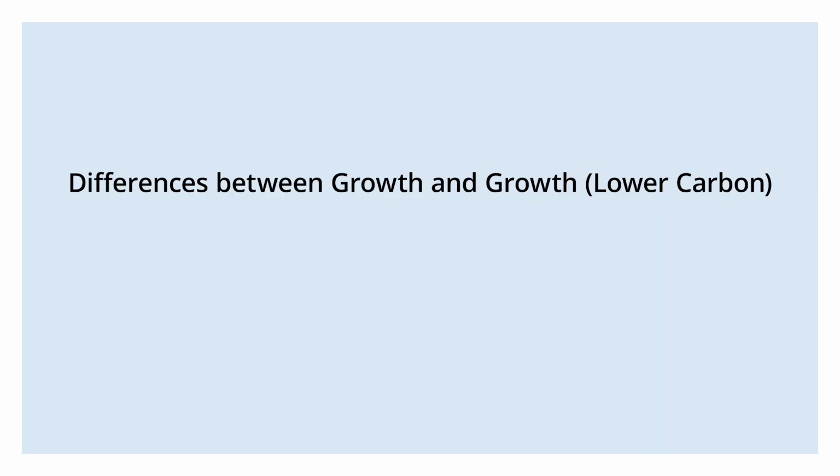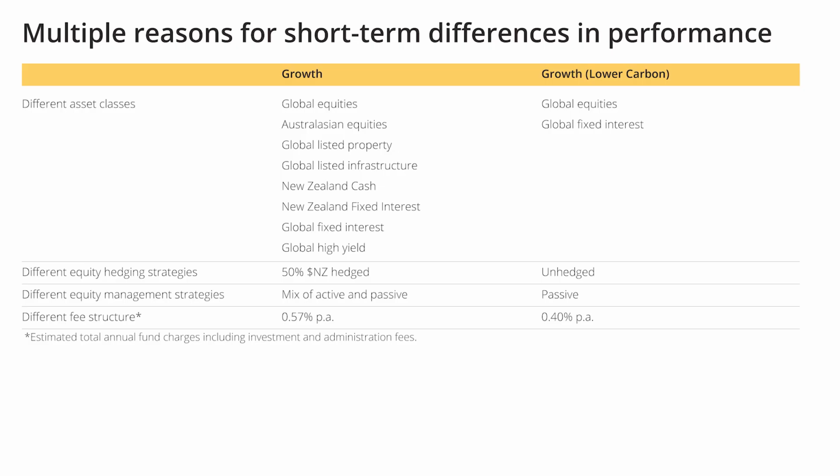Obviously, if you have a glance at there, you'll see that there's quite a range of different securities in the conventional growth option, and when you look at the lower carbon fund, there's really just the two products: the global bonds and the global equities ex fossil fuels. In terms of the investment in equities, with the conventional growth fund, we hedge half of that risk.